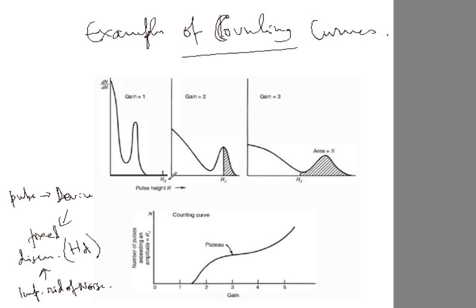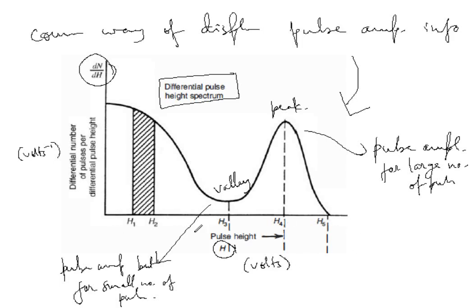Sometimes my noise is higher, sometimes lower, so I can change this discriminator level. Now let us assume that HD can be varied between 0 and H5. H5 means this one, this spectrum. So if HD can be varied between 0 and H5, then what happens?